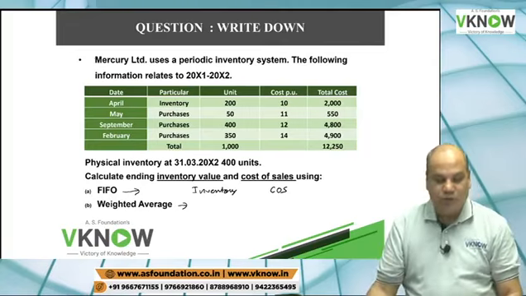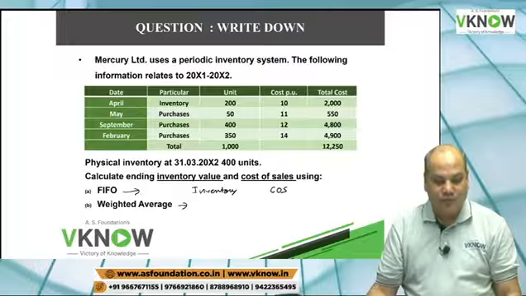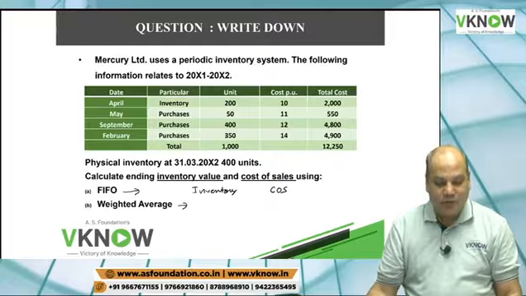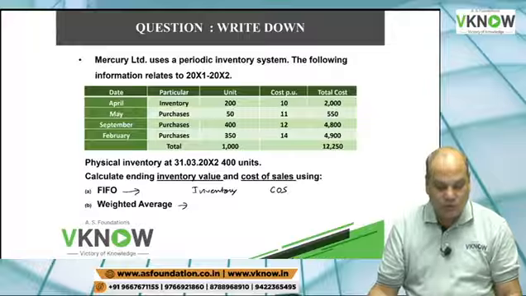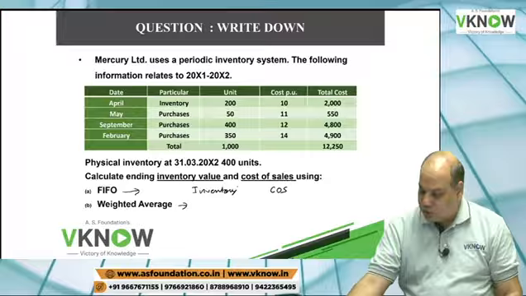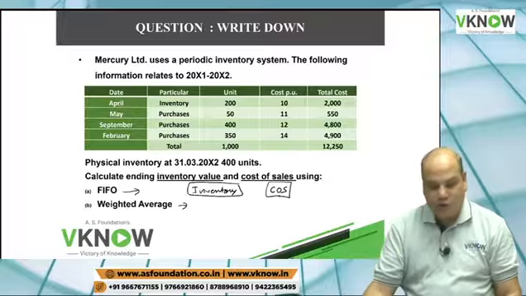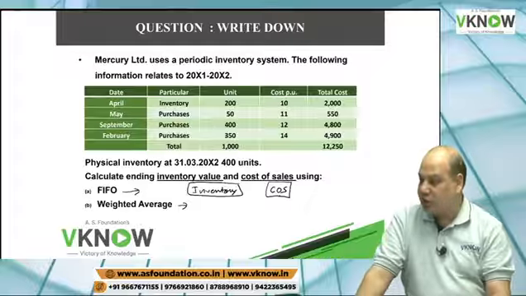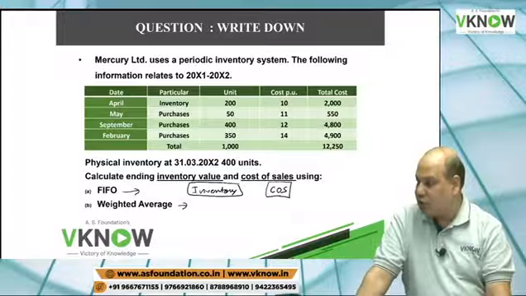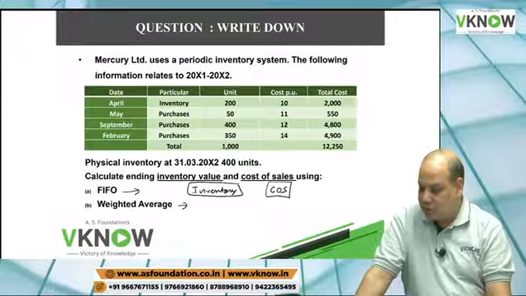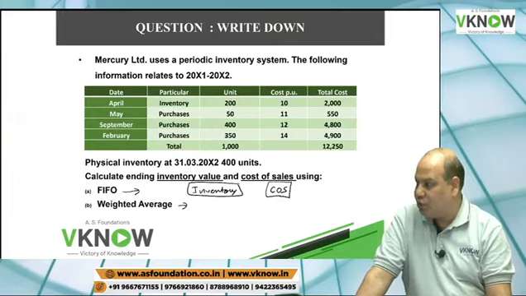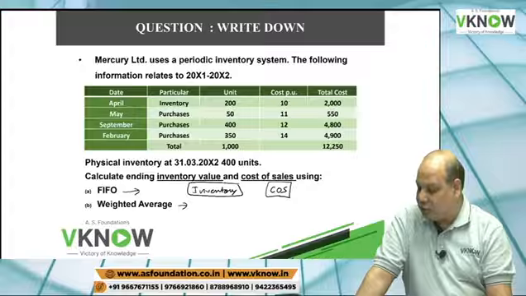What is 6750? Inventory or cost of sale? Kunal is also saying cost of closing inventory is 5500. Okay, FIFO, but there are two questions you have to answer. Arjun is saying 14,000 rupees. What is 14,000? Inventory value or cost of sale?